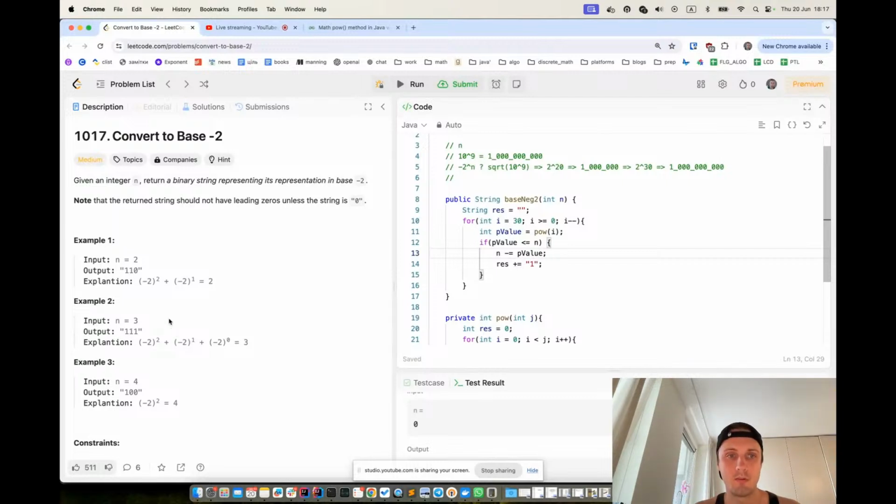But for example, here, when I have i equal to 2, I have 4, n equals 2, so it's not correct. Yeah, it's not correct.